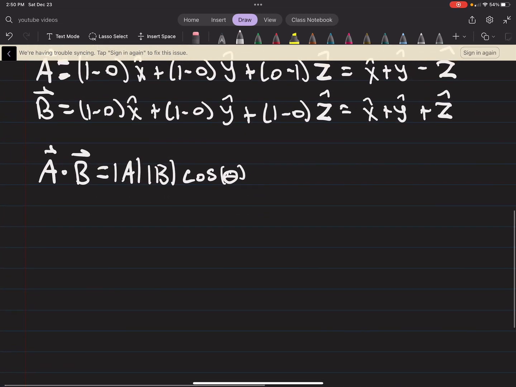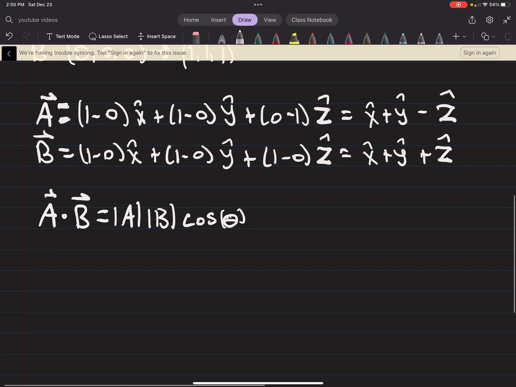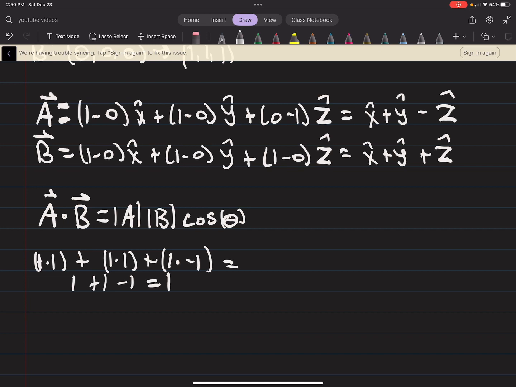Okay. Well, what's A dot B? That'll be just 1 times 1 plus 1 times 1 plus 1 times negative 1. So that's 1 plus 1 minus 1, which is just 1. So this side of the equation is equal to just 1.